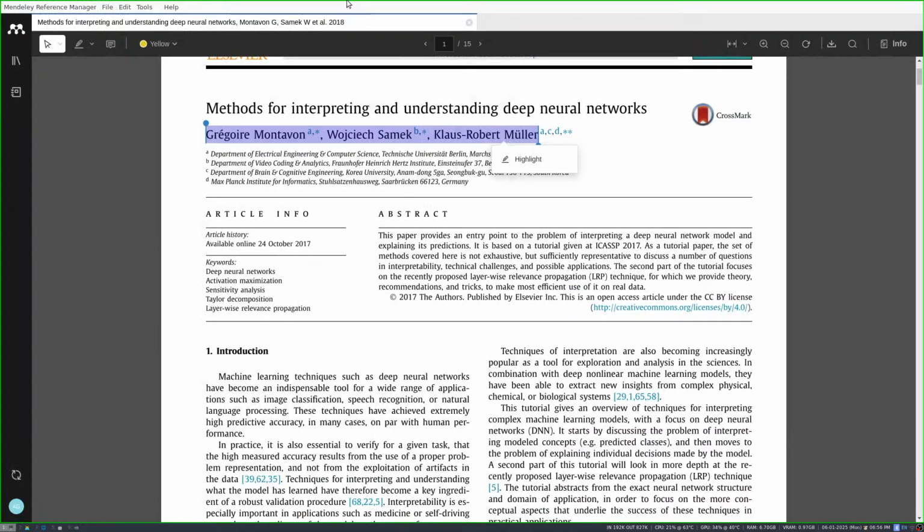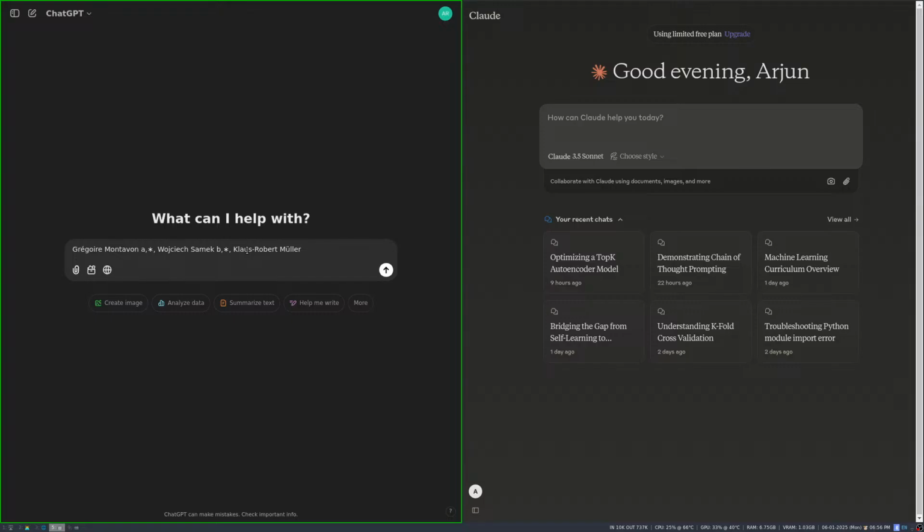Right. So the abstract is okay. Oh, this is the abstract. The second part of the tutorial focuses on the recently proposed layer-wise relevance propagation technique. Relevance propagation technique. I'll just ask this guy.